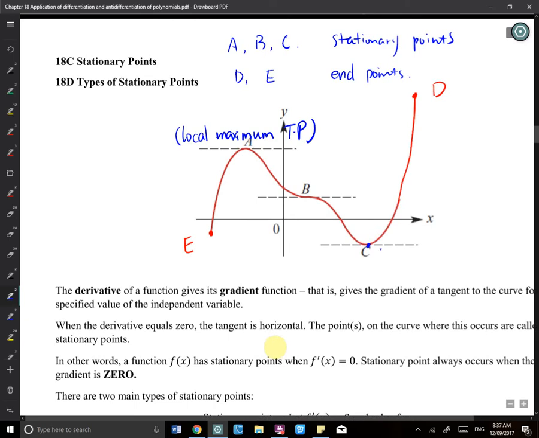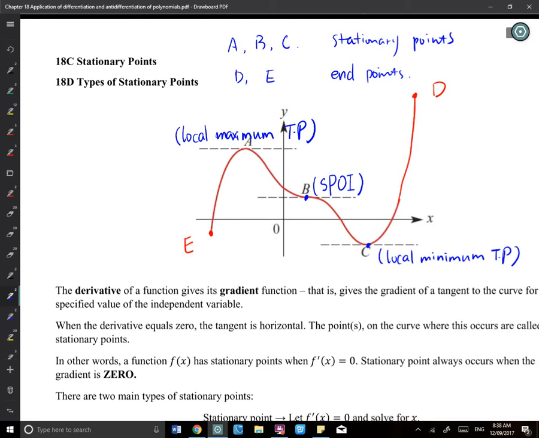Therefore, C is called a local minimum turning point. B is called a stationary point of inflection. These are the names for those 3 points.